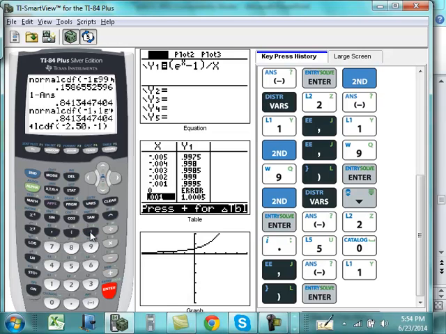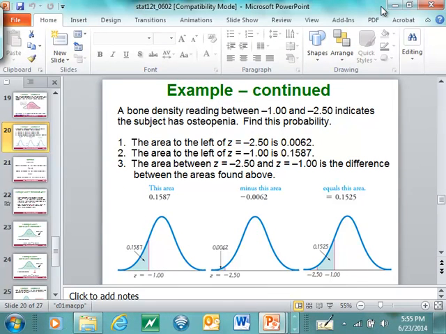And hit enter. And you get 0.1524. Don't worry about the fact that out to the 10,000th position your answer is going to vary from what you got from the tables. 0.1524, or 0.1525.